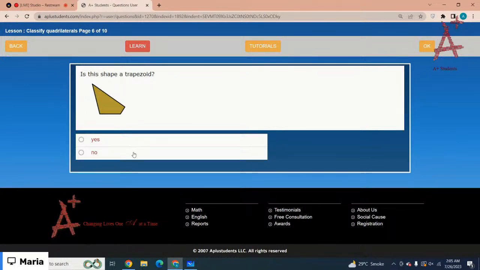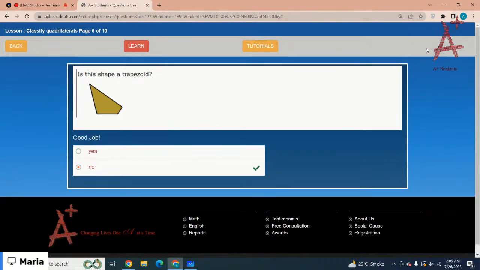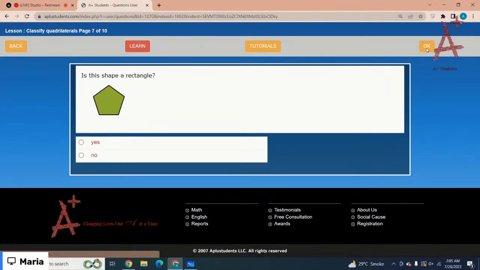No, this is not a trapezoid, so the correct option is no. Is this shape a rectangle? The correct option is no, this is not a rectangle.